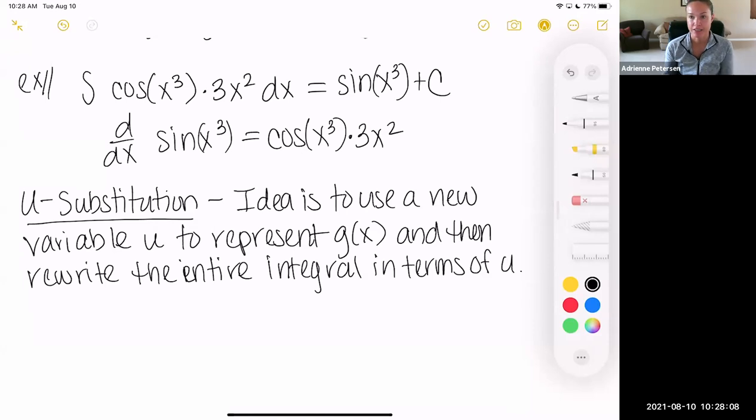So let's go back to my first example, the integral of cosine of x cubed times 3x squared dx.